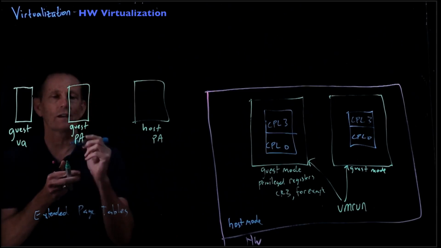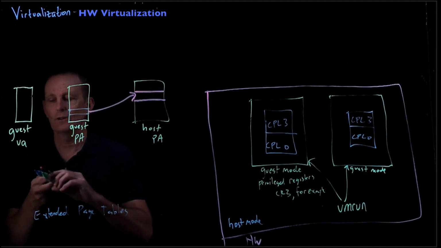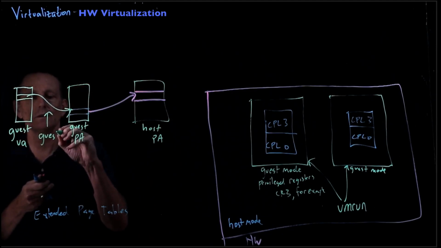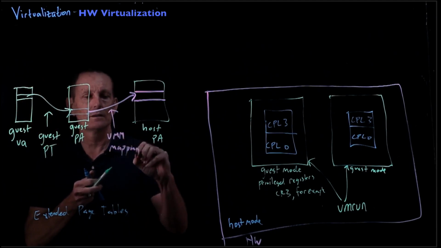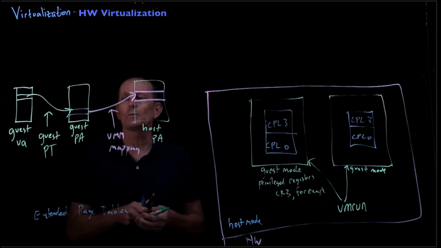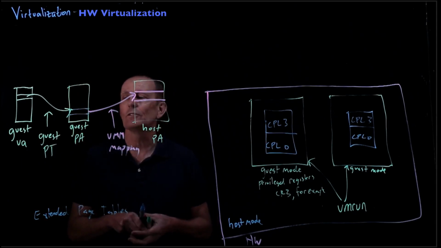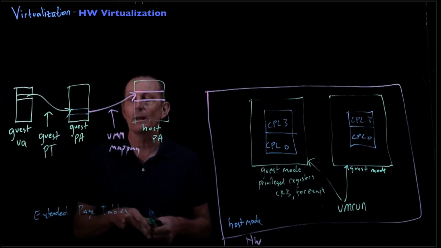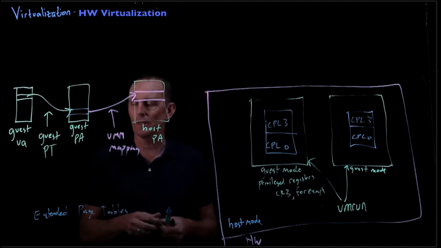And again, we looked at the fact that particular pages map in various ways. This was a guest page table, and this was a VMM mapping. And we talked about the fact that there was no way for us to have these two levels.